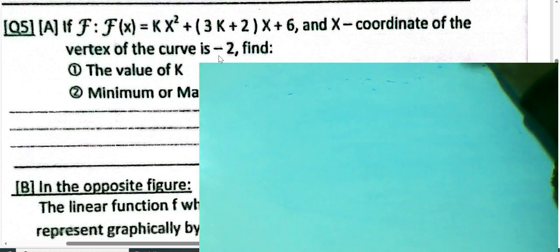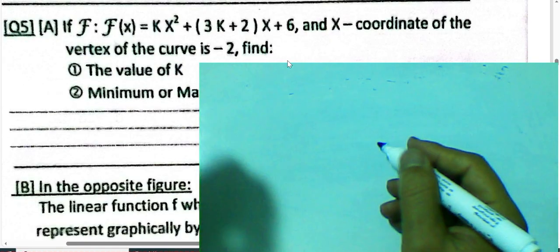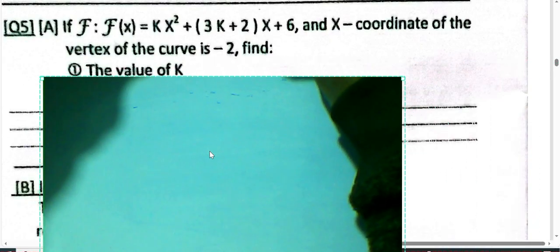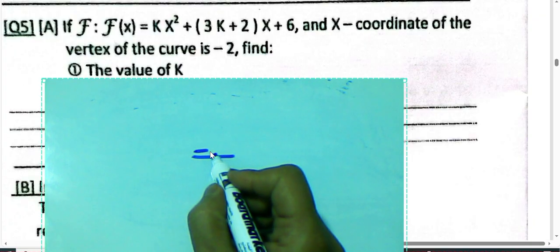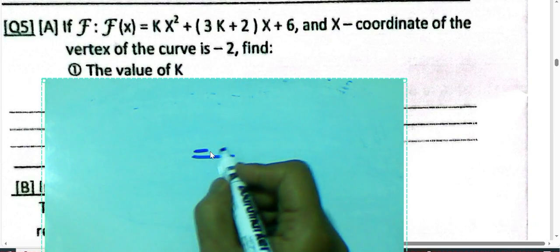Do you remember about the x coordinate of the vertex? The negative coefficient of x over 2 times the coefficient of x power 2, negative b over 2a, is the vertex.